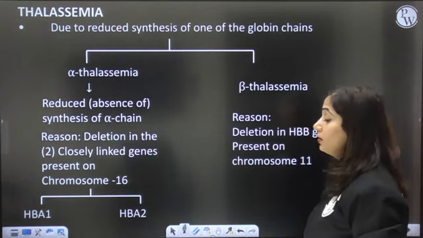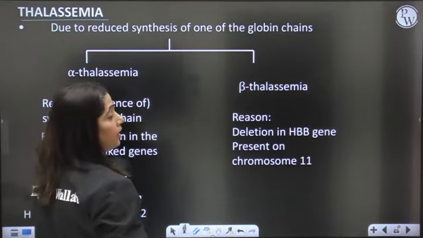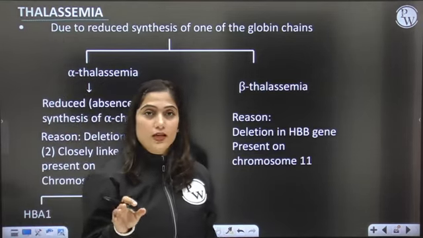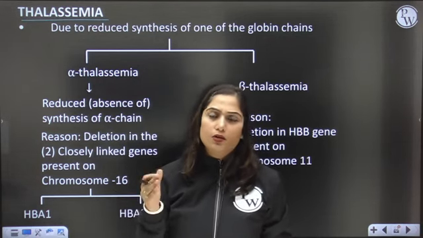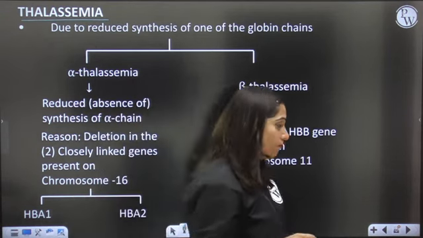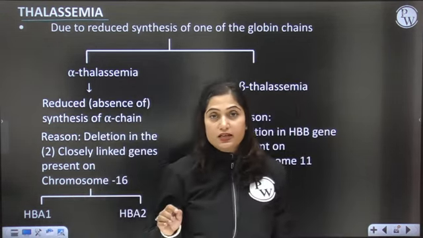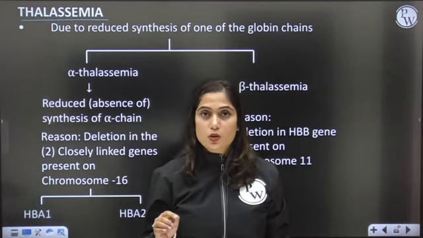Then comes the disease thalassemia. And the questions of hemophilia will be the same as the questions of color blindness. They will be solved in a similar way because both of them are X-linked recessive traits. And yes, all the X-linked recessive traits show crisscross inheritance. What is crisscross inheritance?